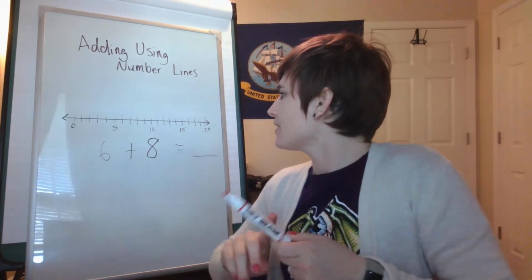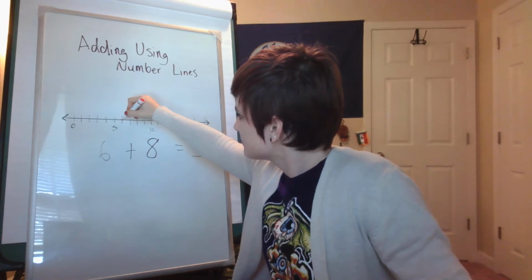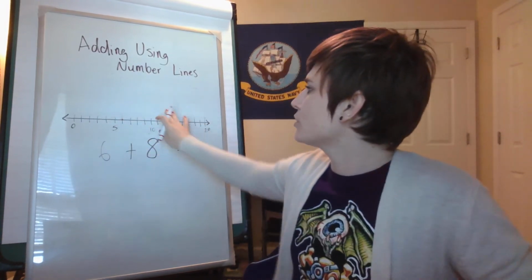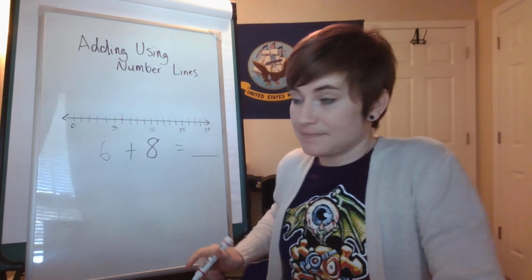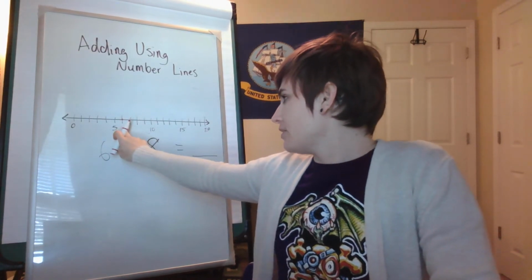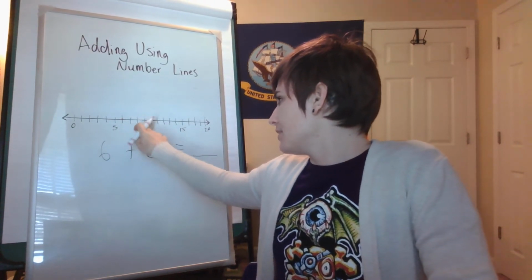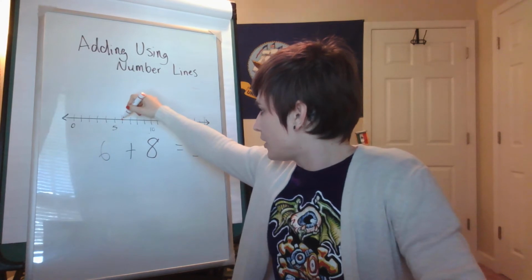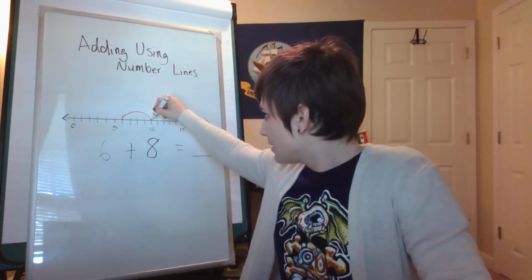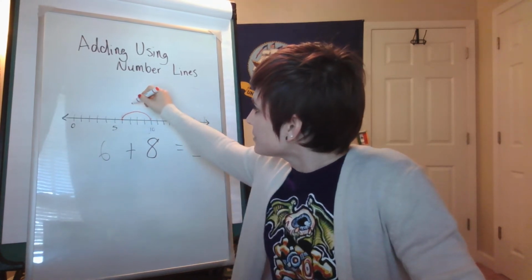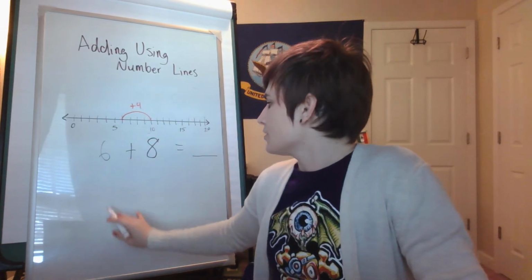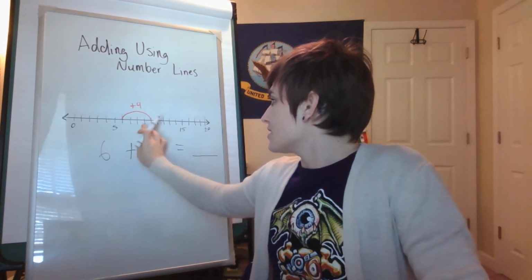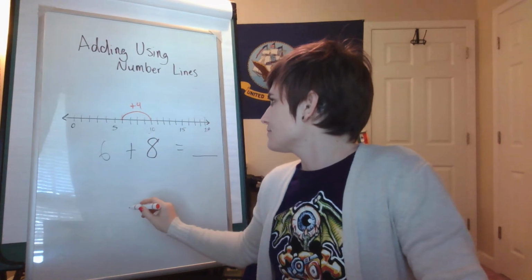So if we're at 6, how many more do I need to add up to get to 10? Well, I'm going to count up. 7, 8, 9, 10. So I would start at 6 and jump to 10. So that means I've added 4. So that means 6 plus 4 equals 10.